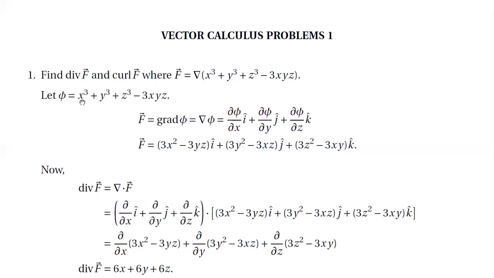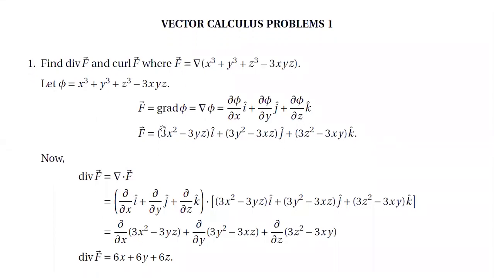This will be 0, this will be 0. You get (3y square minus 3xz) j plus dou phi by dou z k. That will be (3z square minus 3xy) k, obtained by partially differentiating phi with respect to z. So now I know the value of vector f.